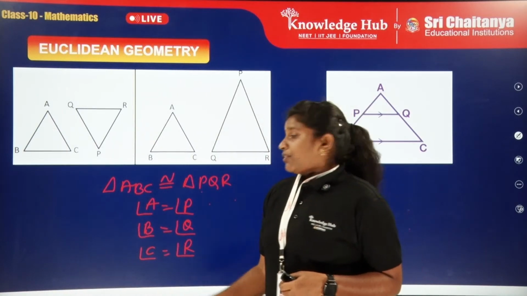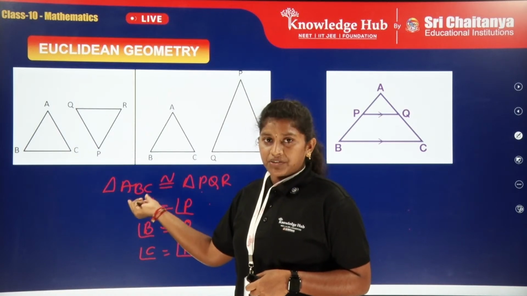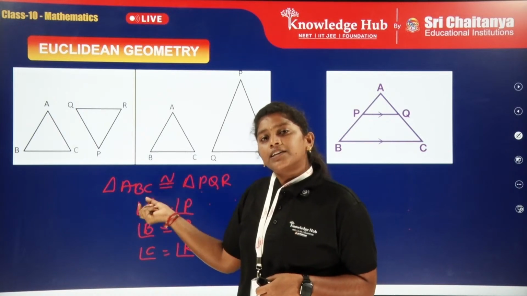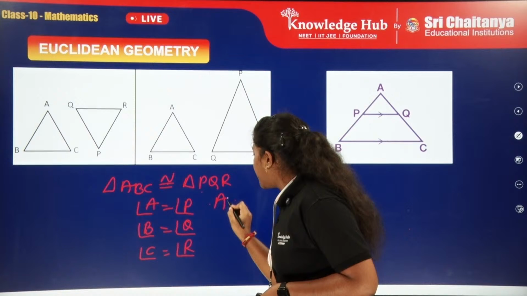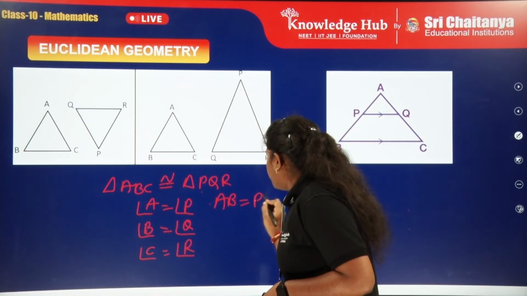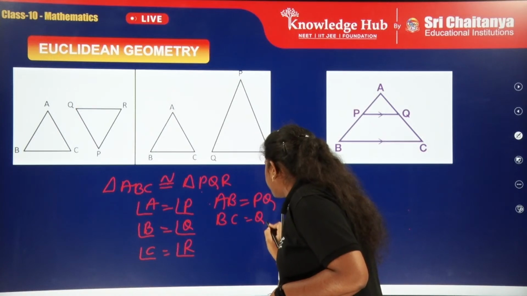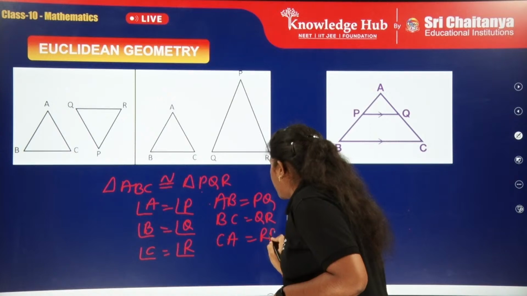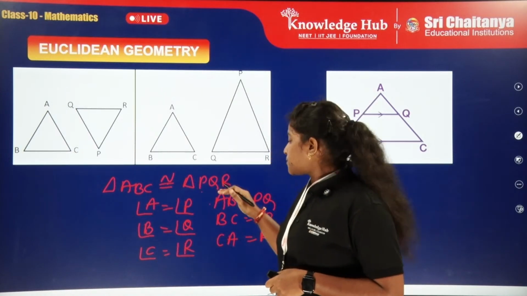Now coming to the corresponding sides, AB equals PQ, BC equals QR and CA equals RP.